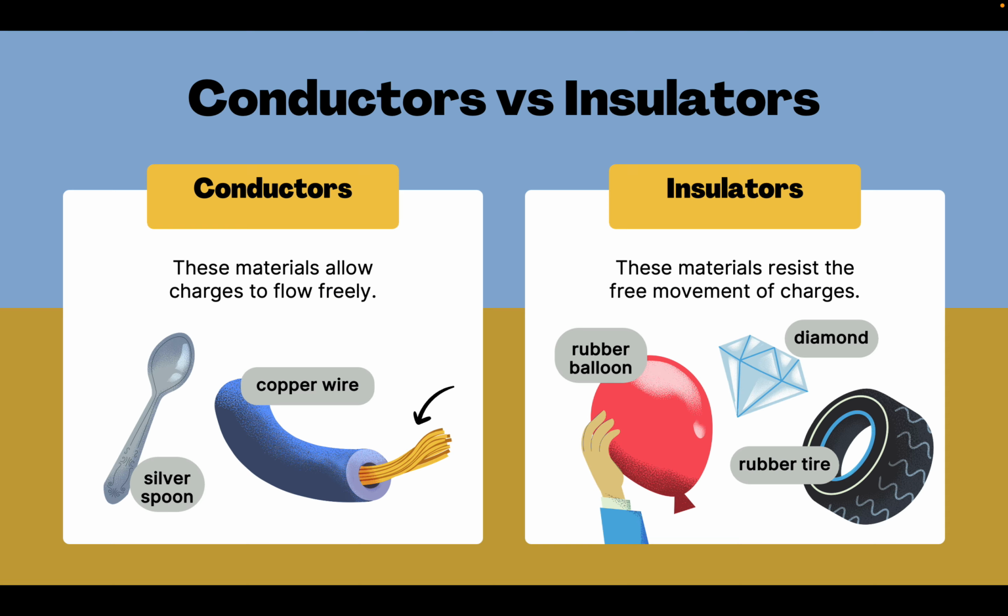Some examples are rubber, plastics, wood, and glass, and many more. That's why, if you observe, electrical wires are made of metal on the inside but covered with rubber or plastic on the outside. Because metal carries electricity, while the plastic protects us from electric shock.